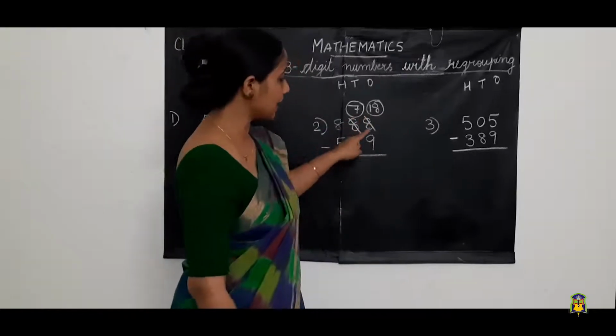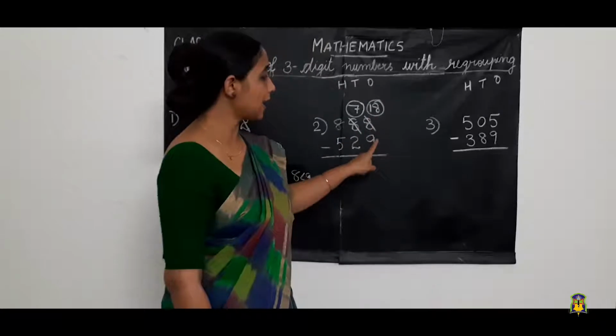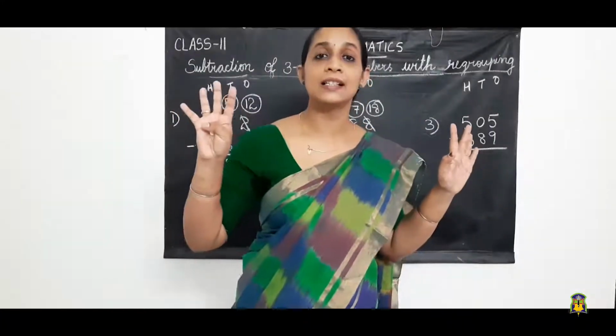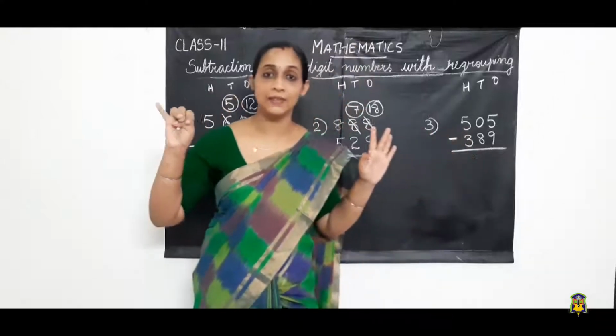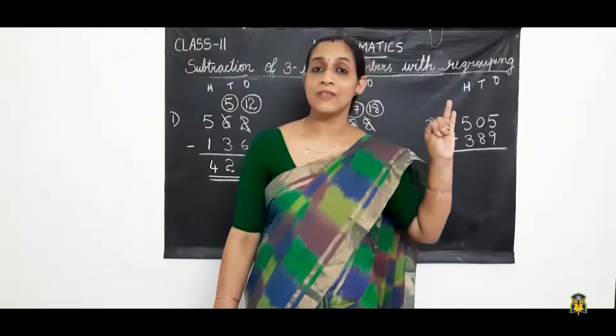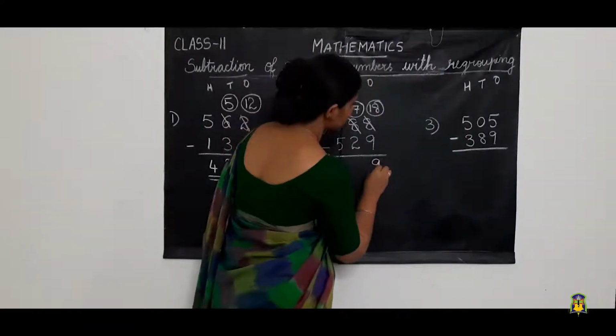Okay, now 18 minus 9. 18 in mind, 9 in hand. Before 18, 17, 16, 15, 14, 13, 12, 11, 10, 9. So in ones place the digit will be 9.